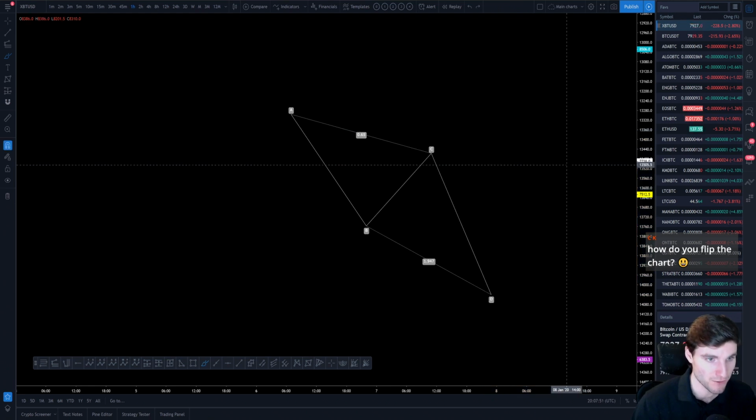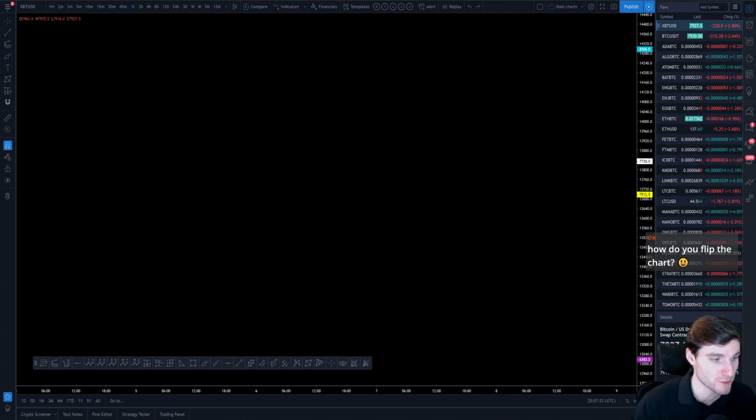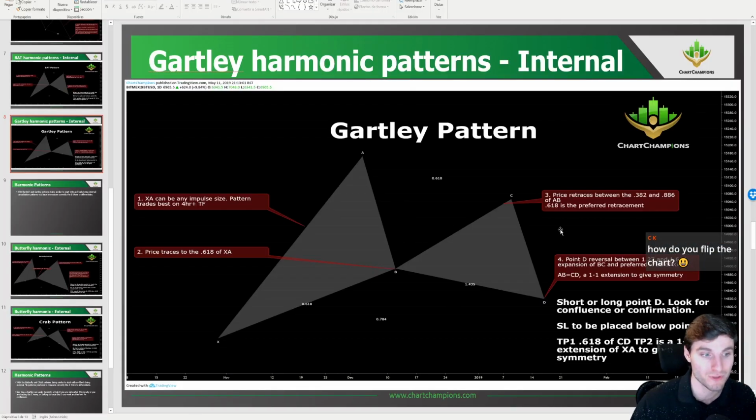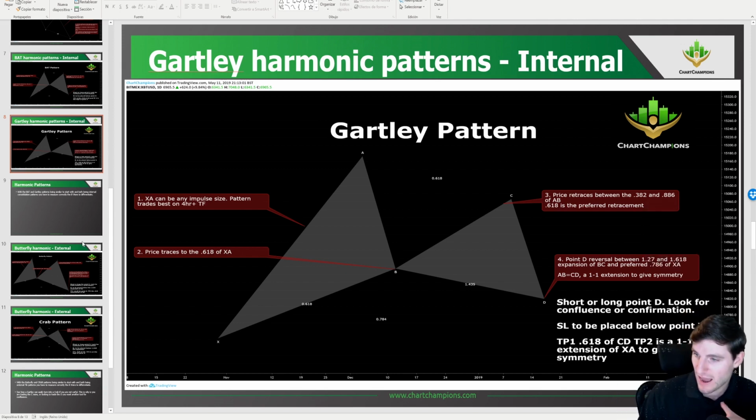So it literally depends where your point D ends. If point D ends at the low, this is a bullish Gartley harmonic. Just literally flip it, everything stays exactly the same. If point D ends at the high, then it's a bearish harmonic pattern, and you would naturally look for short positions off of that.